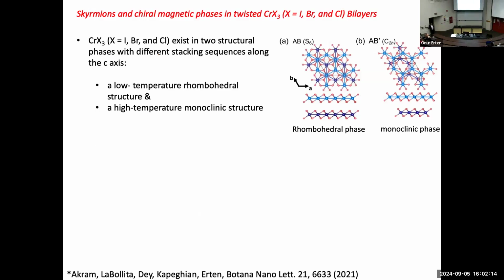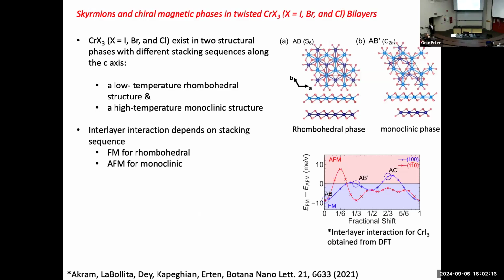An interesting aspect is that, depending on how you stack these layers, the interlayer exchange is either ferromagnetic or antiferromagnetic. So the interlayer exchange depends on the stacking order. This is the interlayer exchange calculated by Antia's group, not only for two different types of stacking, but if you go from one to another, you can see that it can be ferromagnetic or antiferromagnetic.